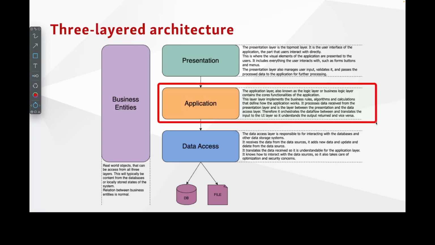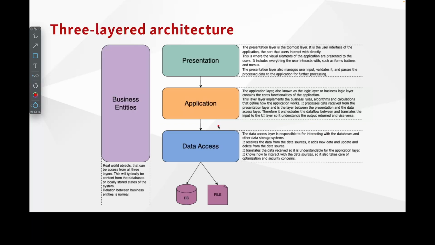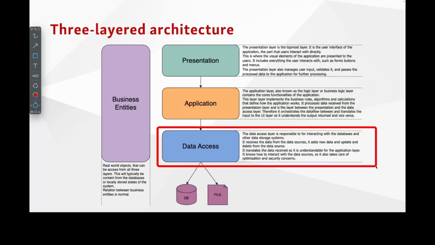Sometimes this layer is simply processing something and sending it directly to the next layer or back to the previous layer. Then we have the data access layer. The data access layer takes care of communicating with our external storage systems.